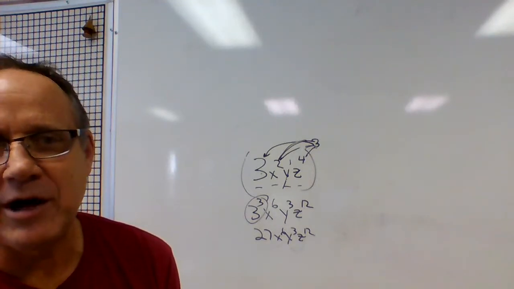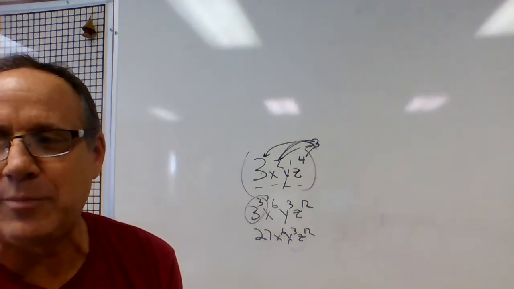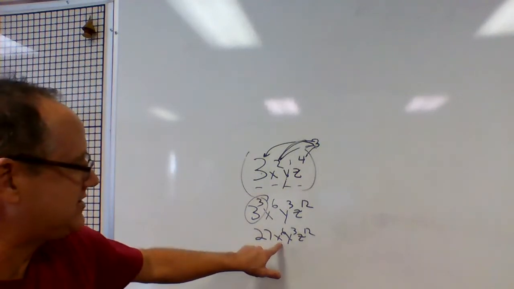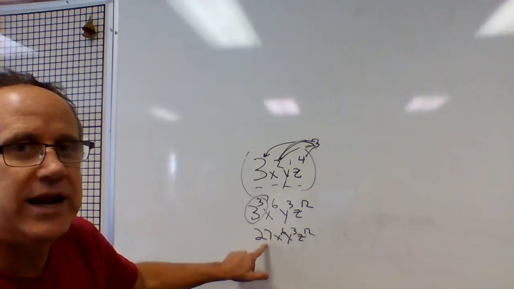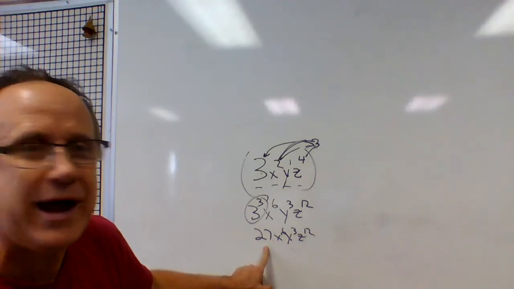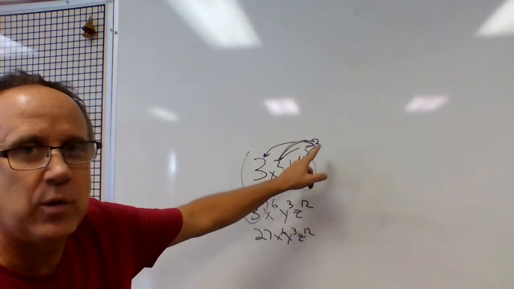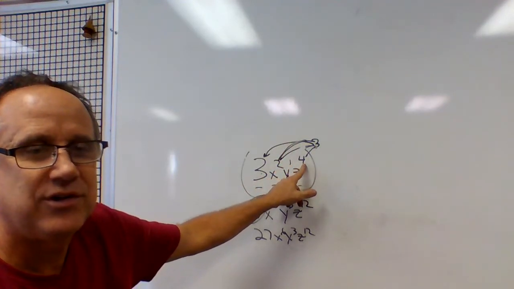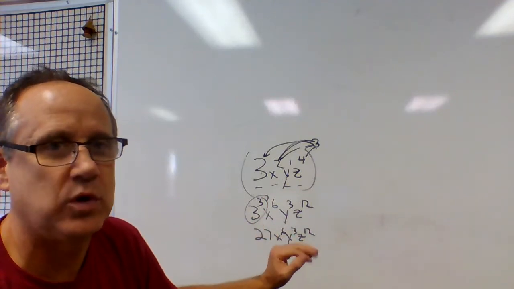To simplify a monomial expression, write an equivalent expression in which each variable base appears exactly once, meaning x is a base, y is a base, z is a base. And you only want one number as well. There are no powers of powers, meaning this is a power of a power, so we want to apply the power here to each one of the powers here so that there's no parentheses. We don't want any parentheses when we're done.